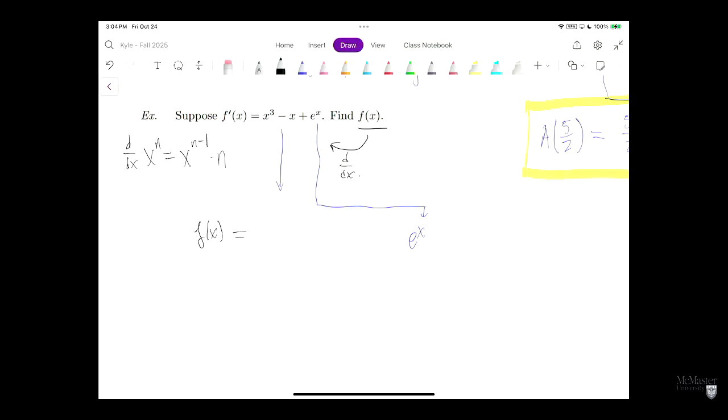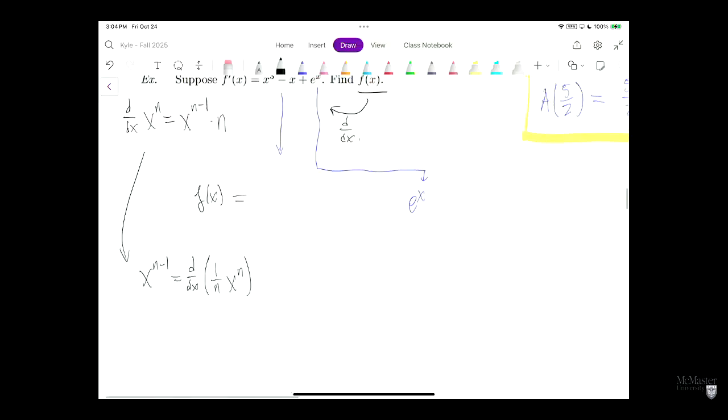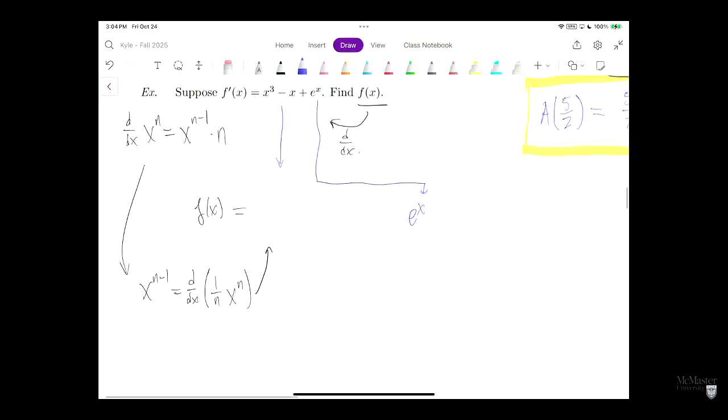If we divide both sides, we'll get that x to the n minus 1 is equal to the derivative of 1 over n x to the n. So we're going to use that up here. In particular, when n minus 1 is 3, actually let's re-index. One more step, re-index.